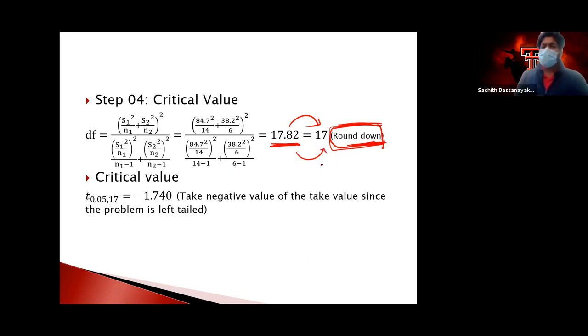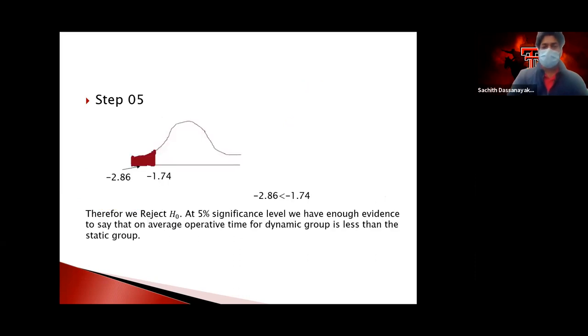Go to the table, find t alpha with degree of freedom 17. Once you check that value, you will see that it is negative 1.74. Then you can take your decision. This is a left tail test because it is less than. So values are like this.